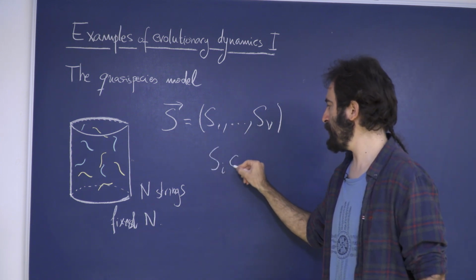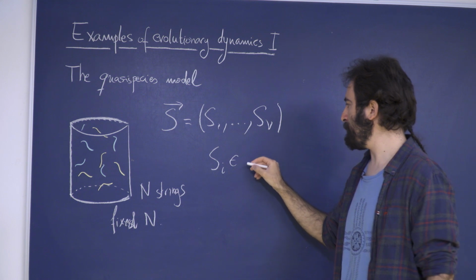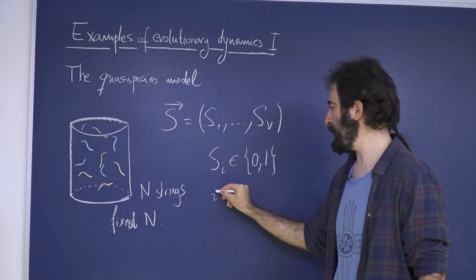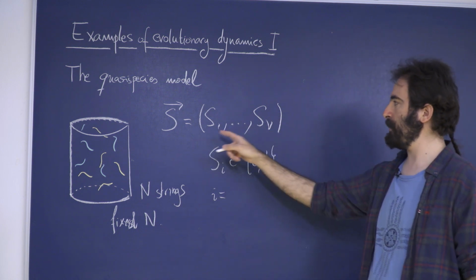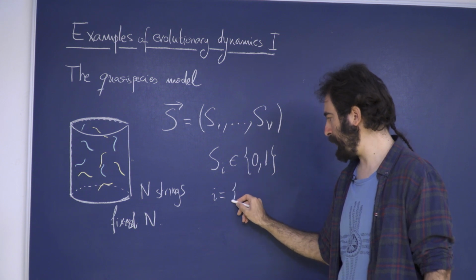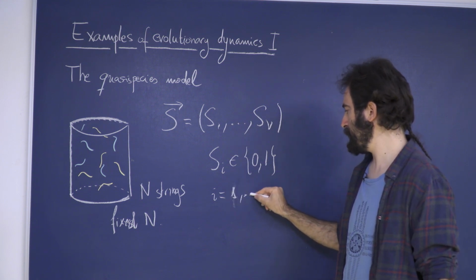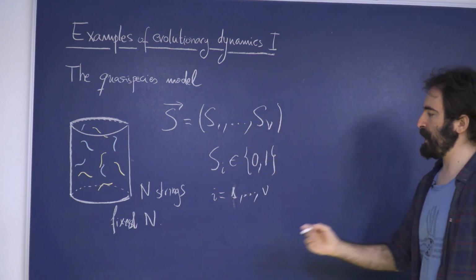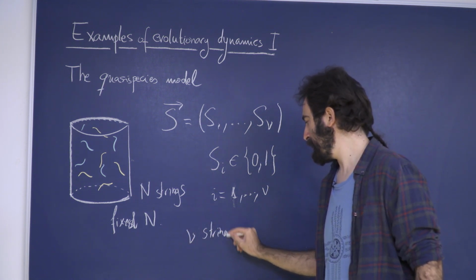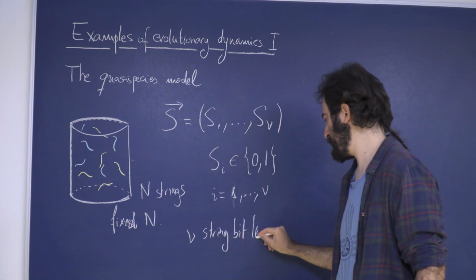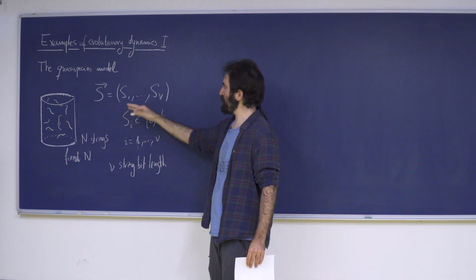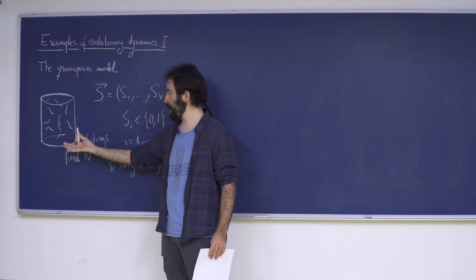In other words, each of these variables is going to pick up values from 0 and 1, and i, which is the label for all of these variables, is going to go from 1 to nu. In other words, we could say that nu is the string bit length. We're going to have N of such strings sitting in this urn, right?